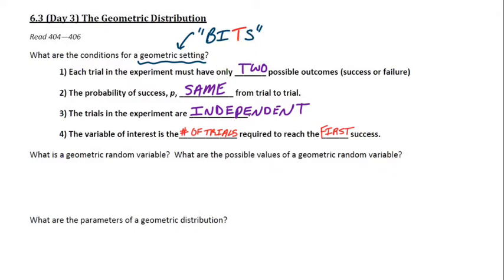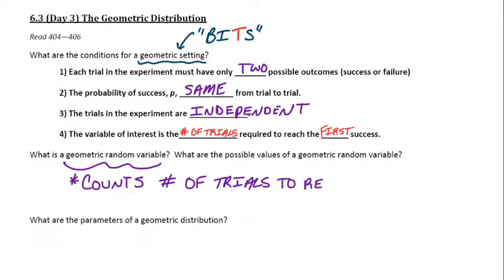So really the only difference then, a binomial random variable counted the number of successes in a fixed number of trials. A geometric random variable counts how many trials it takes to get our first success. And that's going to be our description for what is a geometric random variable. It counts the number of trials it takes for us to reach our first success.